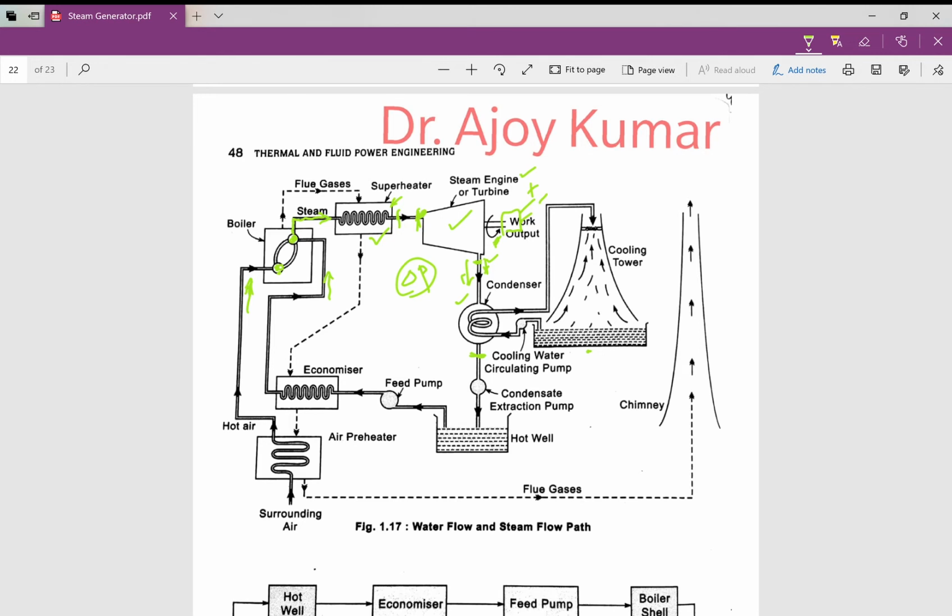And now this hot water goes to the top of a cooling tower. Here at the top, tiny nozzles are mounted. Through these tiny nozzles, a sprinkle of hot water comes down, and from the lower side, air goes in the upward direction.